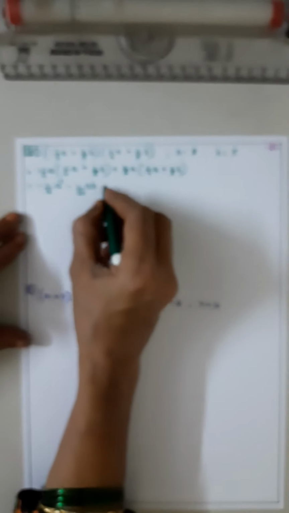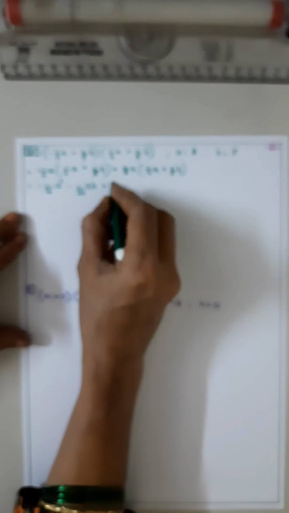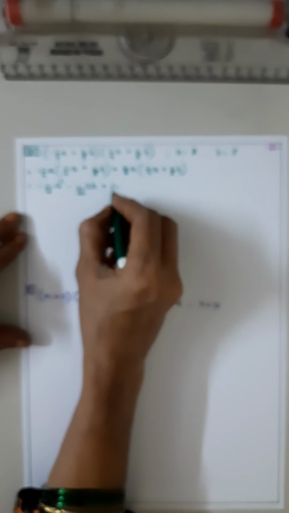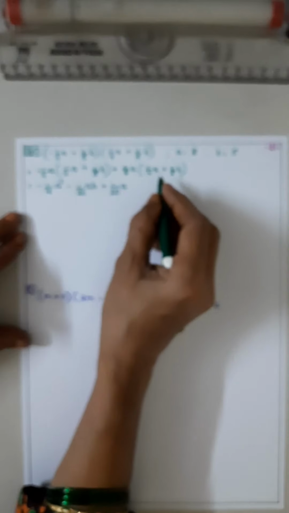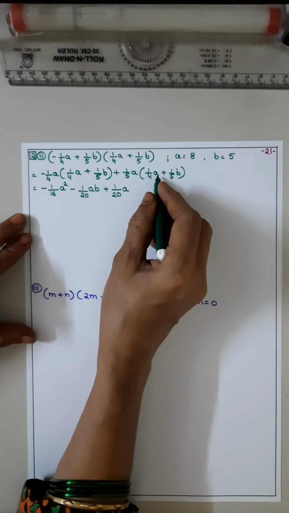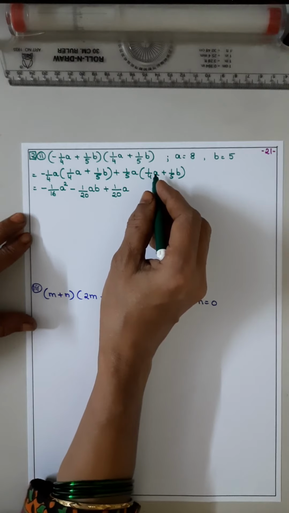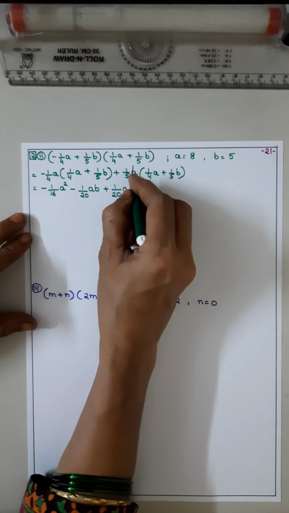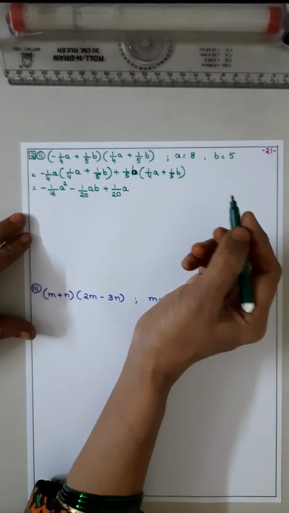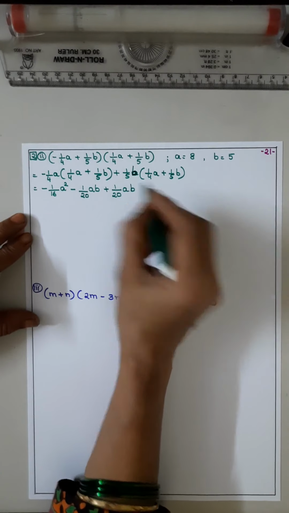Now plus plus plus, 1 1s are 1, 5 4s are 20 a and it is a, now it is a, sorry, this is a 1 by 5b, so it becomes ab.